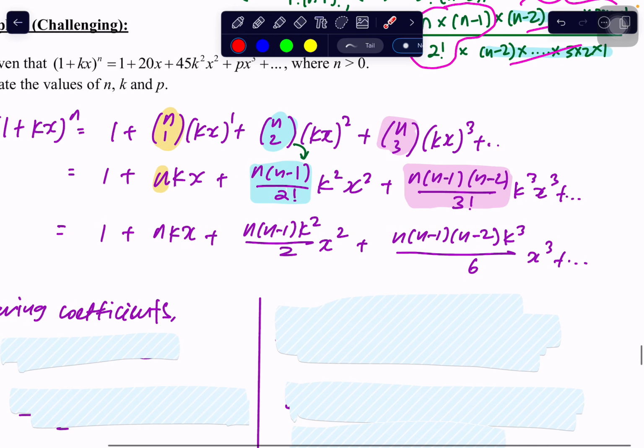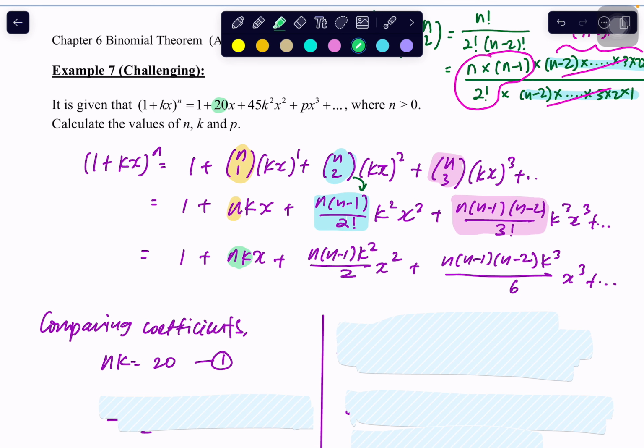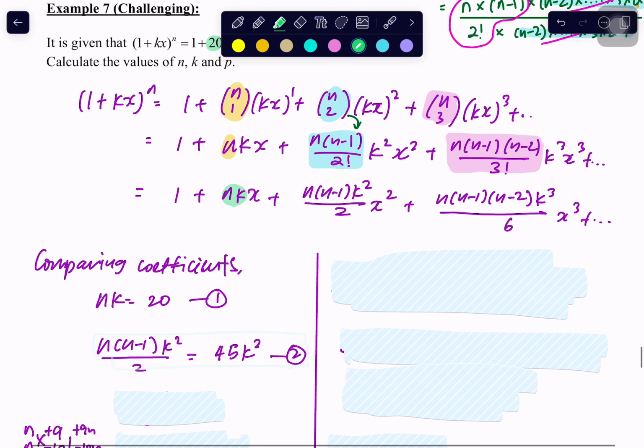Now what I'm saying is that the terms on the left equal the terms on the right. So I'm going to compare coefficients like what I did just now. The first thing to compare is the coefficient of the x term. So 20 must equal nk. That is equation number 1.